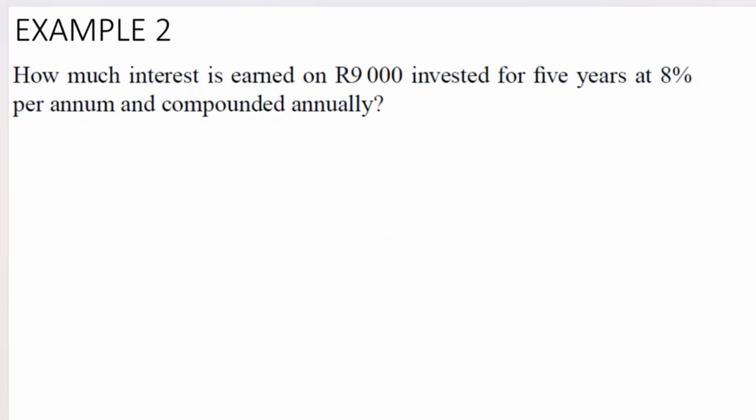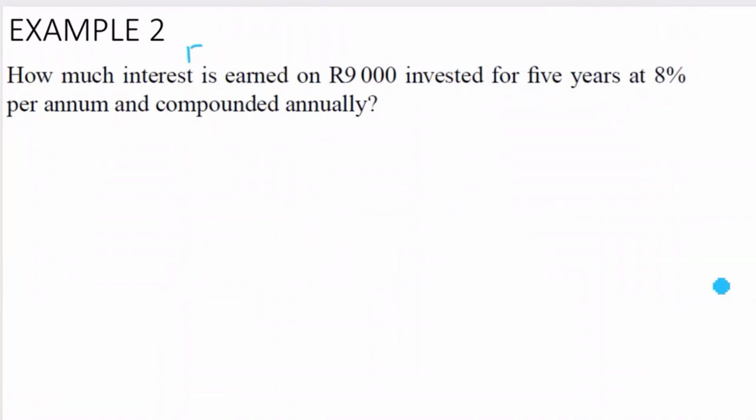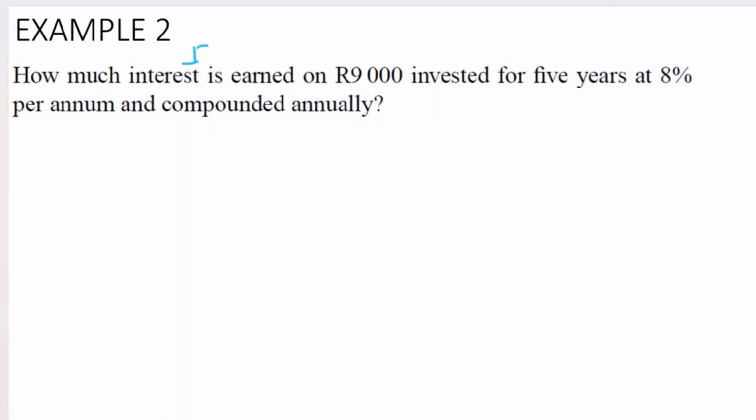And then how much interest is earned on 9,000 invested for 5 years at 8% per annum and compounded annually? I think this question is similar to the one that we've just done. So how much interest? That means they are not looking for an interest rate, but the interest that is earned.